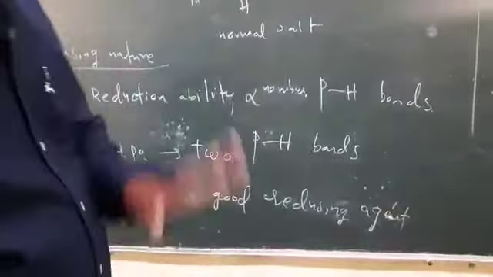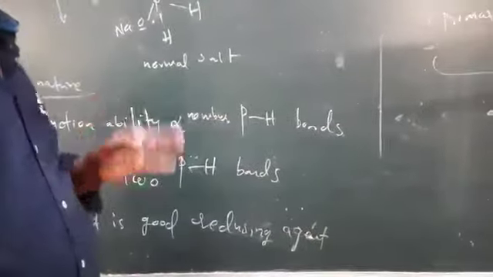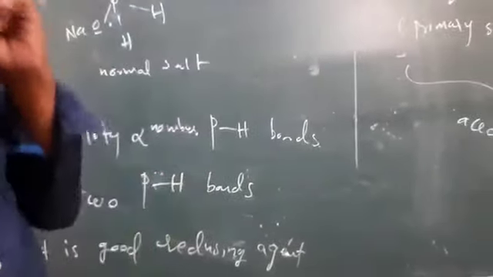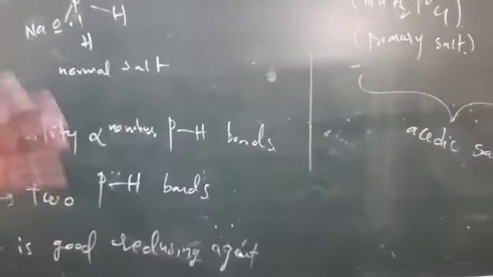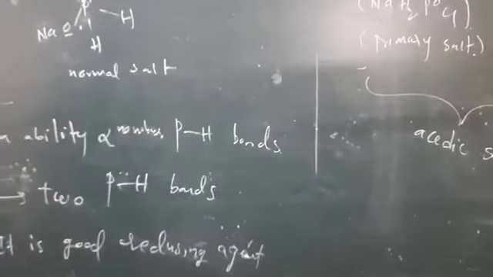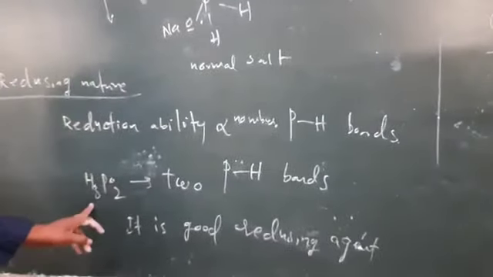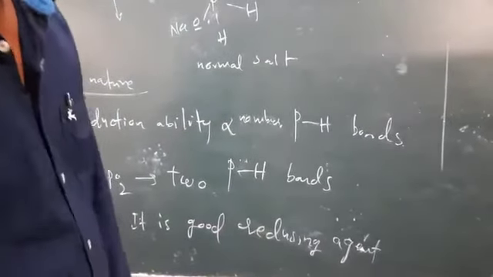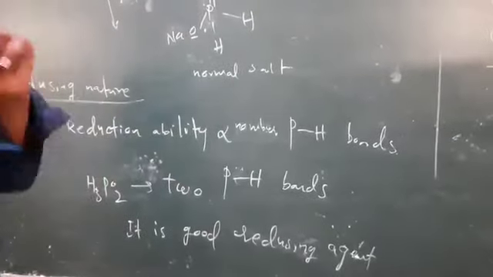If you observe, the ic acids do not have P-H bonds, so they do not act as reductants. Only the ous acids do: hypophosphorus acid having two P-H bonds, and orthophosphorus acid having one P-H bond. So these are good reductants.